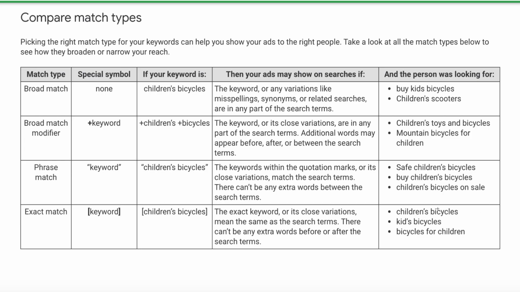So for example, children's bicycles, yep, that's going to appear. Kids bicycles, children's and kids being very close variations, so it's going to appear. Bicycles for children, it will appear, but there can't be any words before and after like in phrase match. So have a look at that. That's how you're going to target your specific keywords.